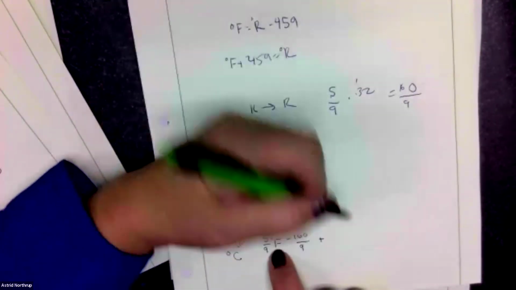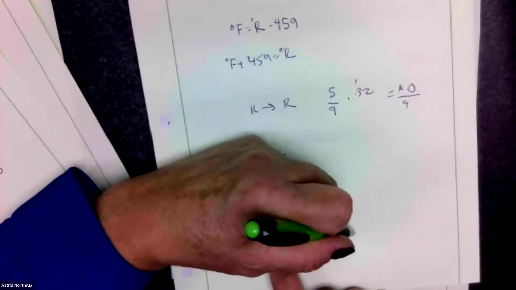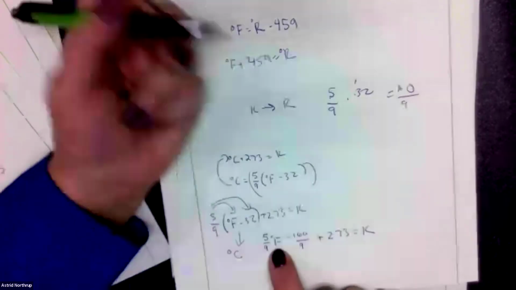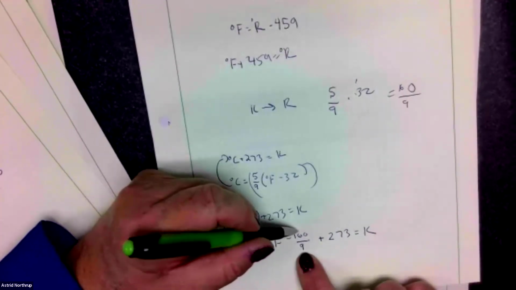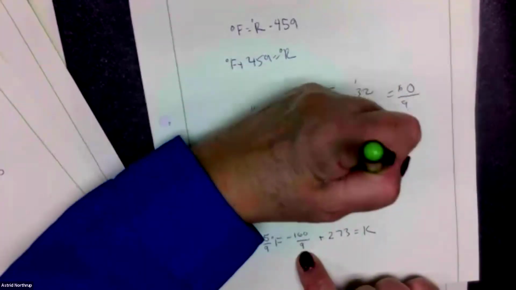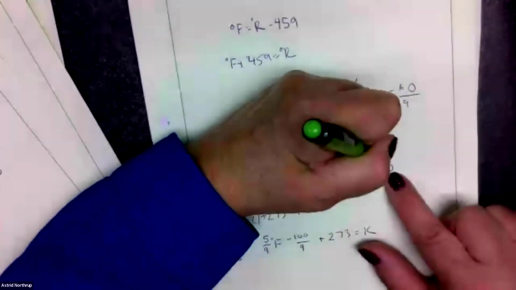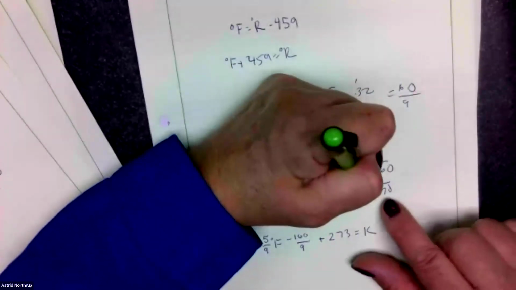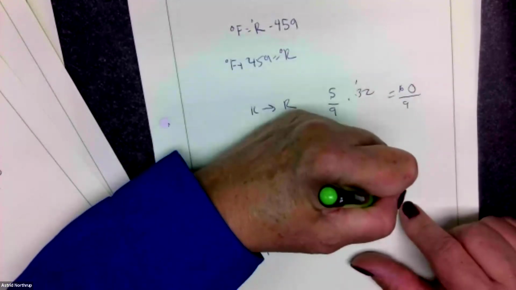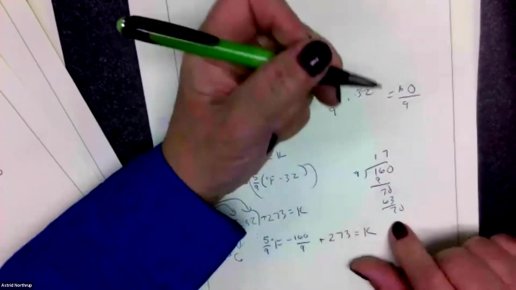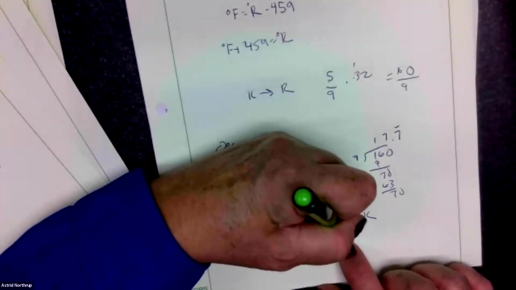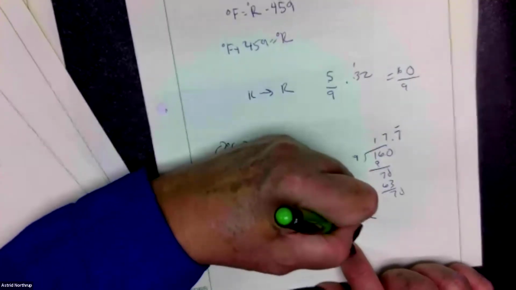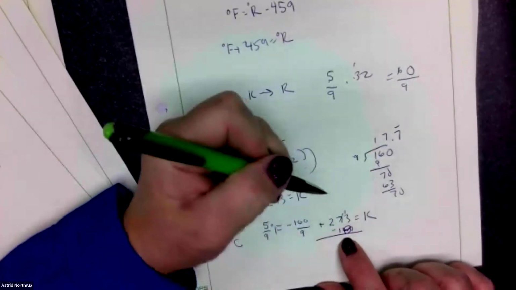Plus 273 equals how many degrees Kelvin? 160 divided by 9 is 17.7, more or less. I'm just going to call it 18 because we're in class.